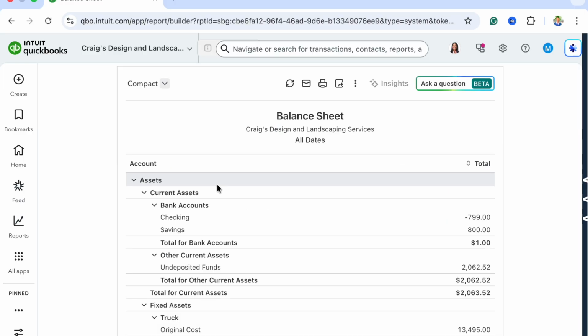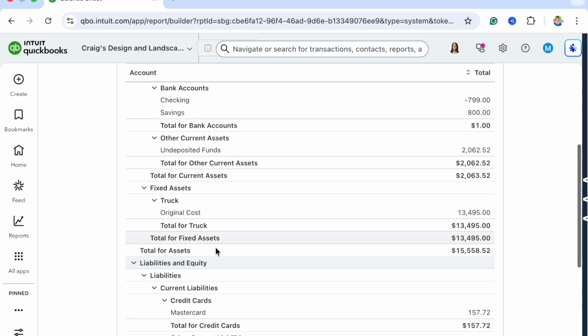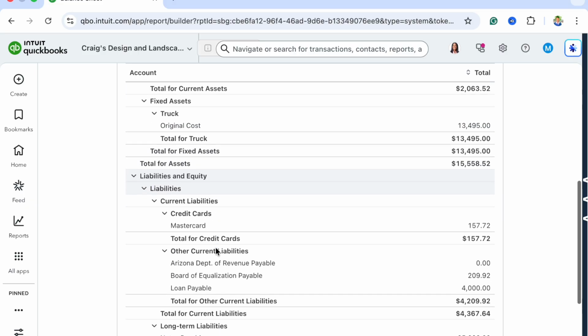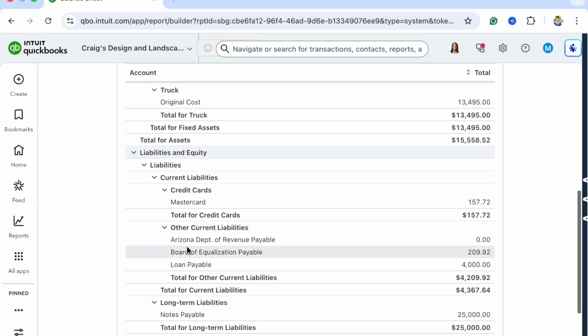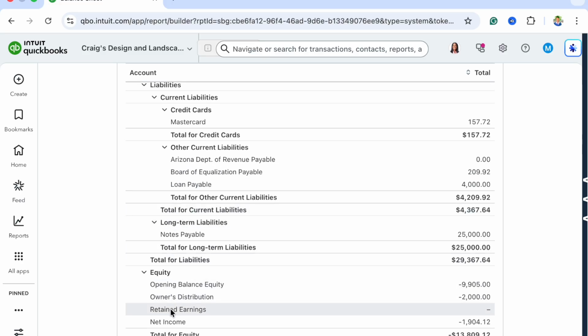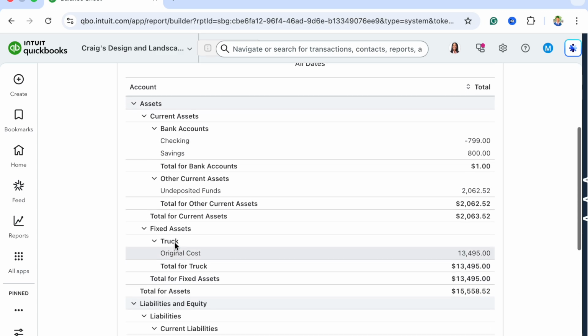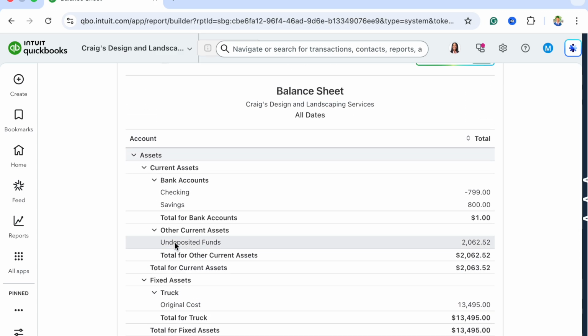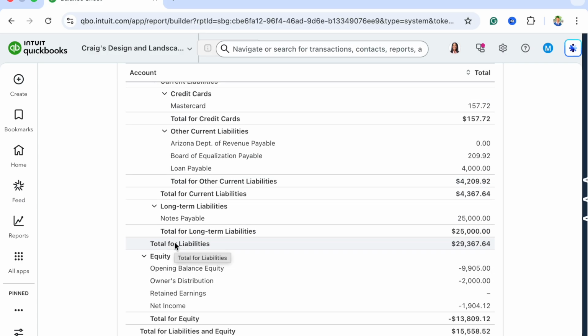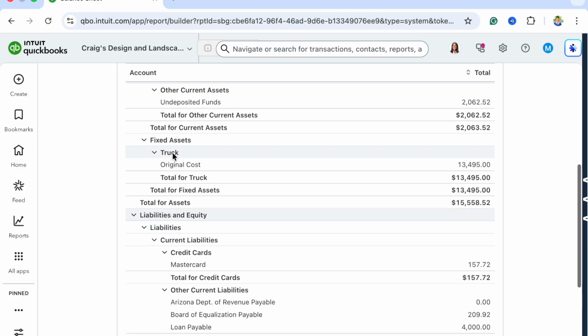So remember I told you for your chart of accounts, you see you have your assets here, you have your liabilities here, liabilities and equity. So liabilities are there, then you have your equity accounts. And as you see, these are all the accounts that you would have seen in your chart of accounts. Now, this is why it's vitally important to make sure you organize your chart of accounts correctly, because you don't want to see an equity account and an asset account.